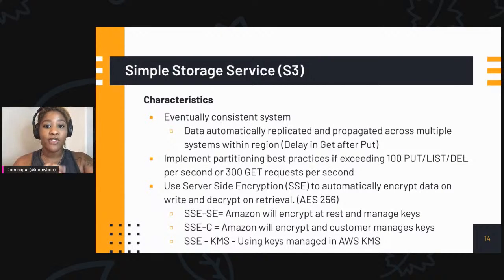If you're deleting something, that's pretty self-explanatory. If you're listing, you're listing all the different files that are in there. But they'll have questions about eventually consistent systems, meaning the information being pushed isn't automatic, especially when it comes to replication across different availability zones.